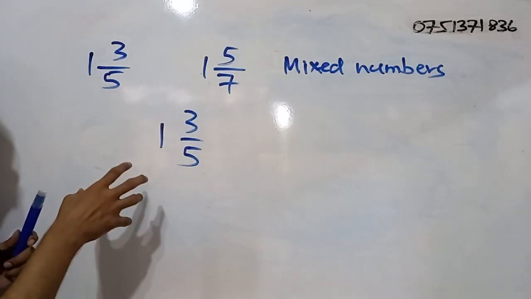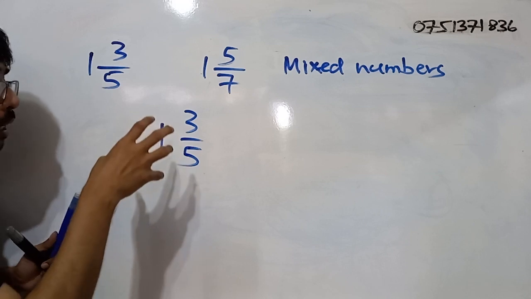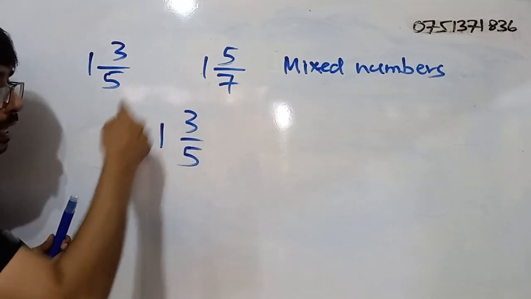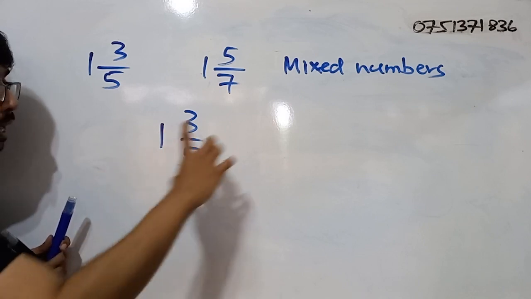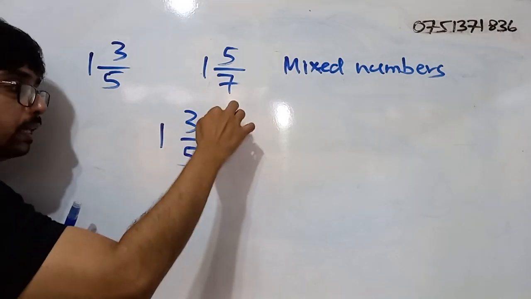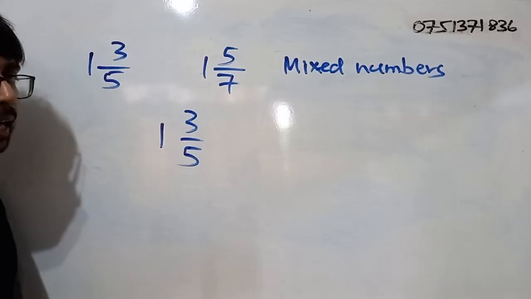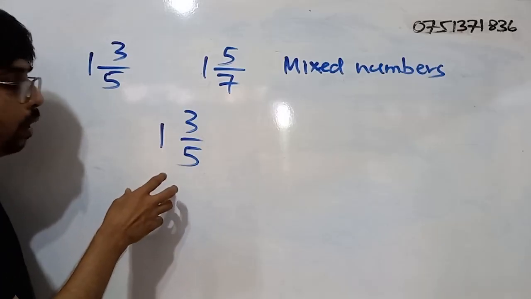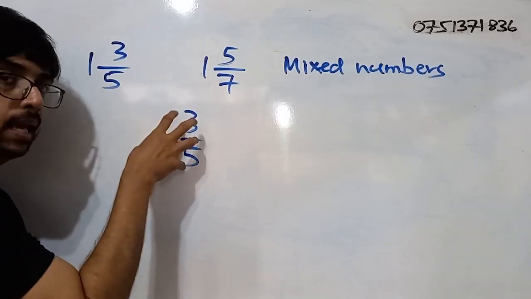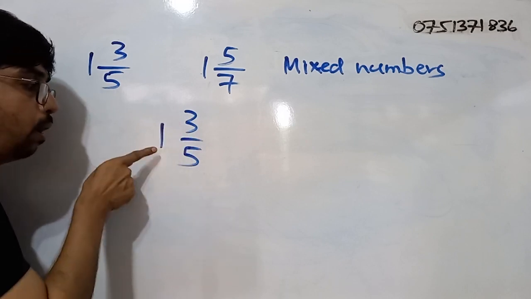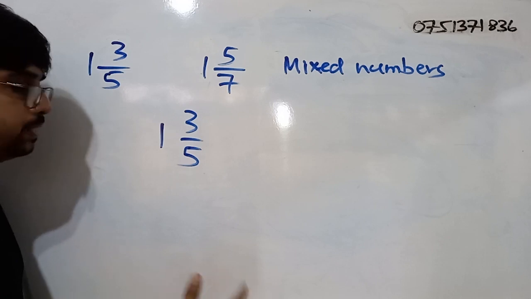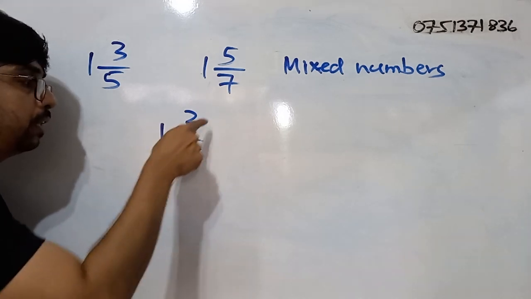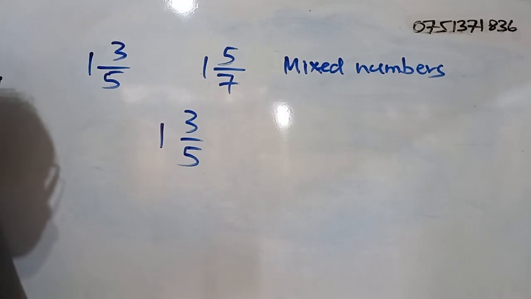When we talk about the whole number part in this mixed number, it is 1. The fraction part will be 3 by 5. Right. So how do we say the name of this fraction? 1 and 3 by 5, or we can say 1 and 3 over 5.